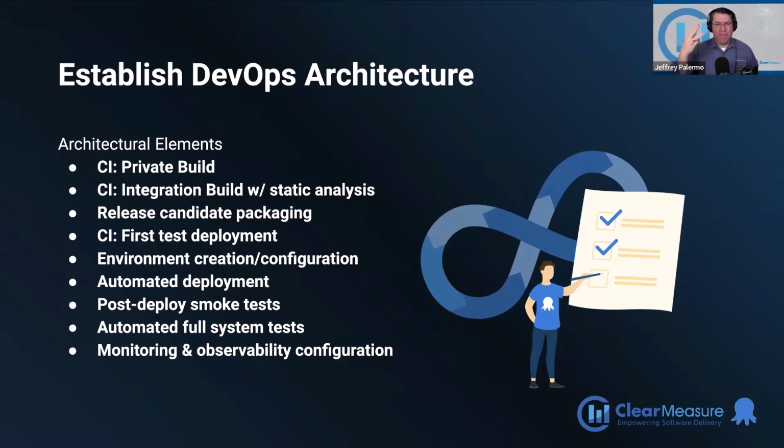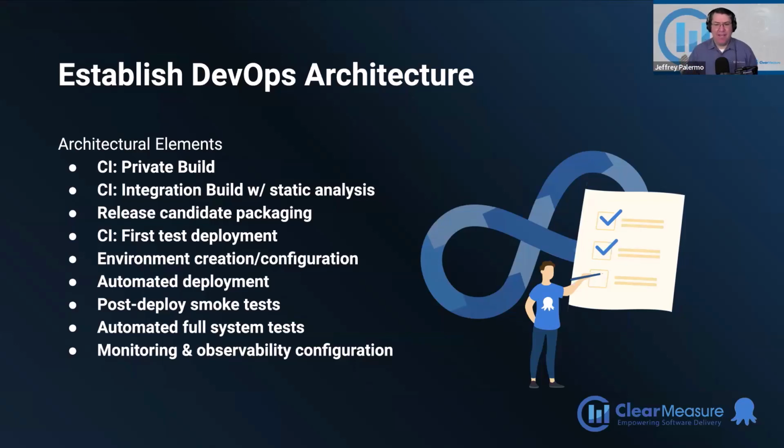Continuous integration is a three-phase pattern where we start with a private build on our local environment, then an integration build at the team level, and then at the end of the integration build, we need to package up a release candidate so that we can do a first test deployment.